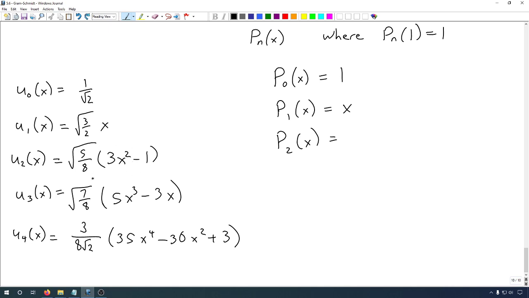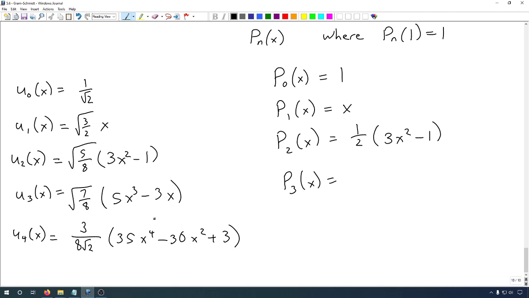We need to divide this by 2 times the square root. Of course, that will just get rid of the square root. We're dividing that square root away, but we did have to divide by 2 still. So we have a 1/2 times 3x squared minus 1. This is orthogonal to 1 and x, and if you plug in 1, you get 1. That's what we wanted.